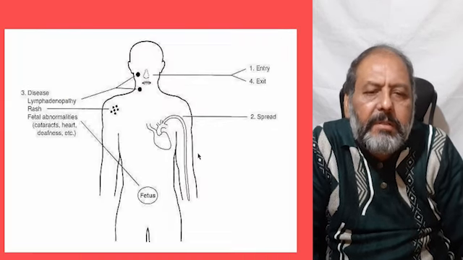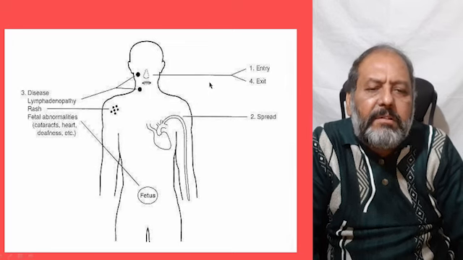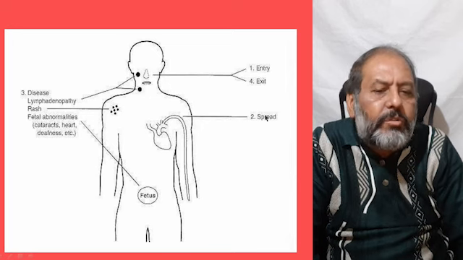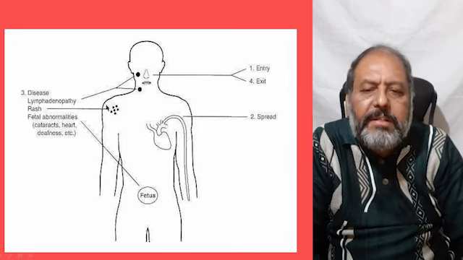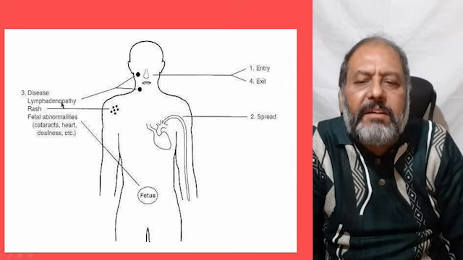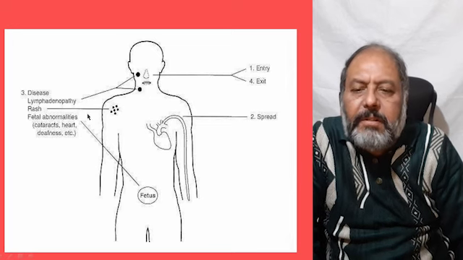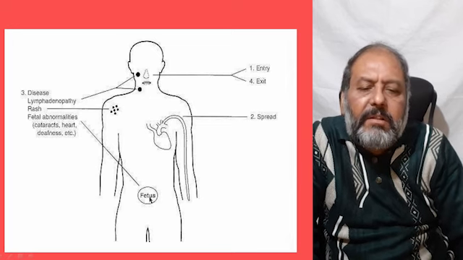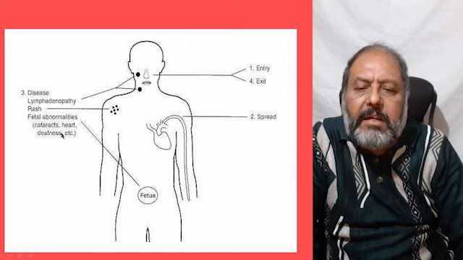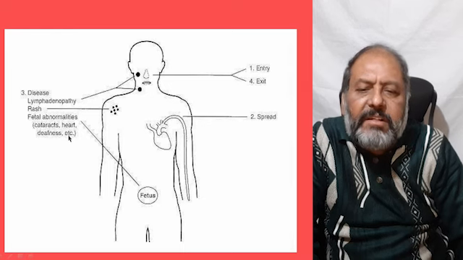So here one can have the idea: number one, the entry of the virus, and then it spreads through the blood. It reaches different organs and causes disease like lymphadenopathy and rash, and fetal abnormalities when it infects the fetus, causing cataract, heart problems, patent ductus arteriosus, and deafness.